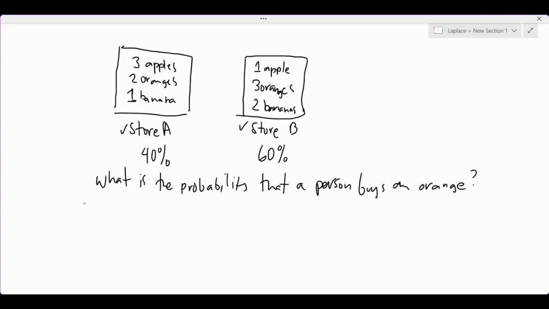To answer this question, let us denote the probability of a customer buying an orange as P of orange.